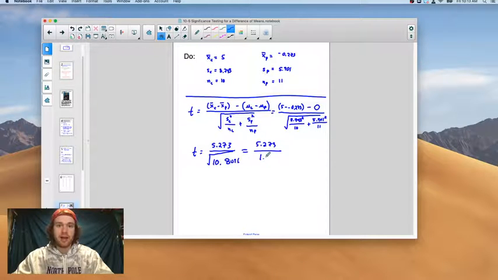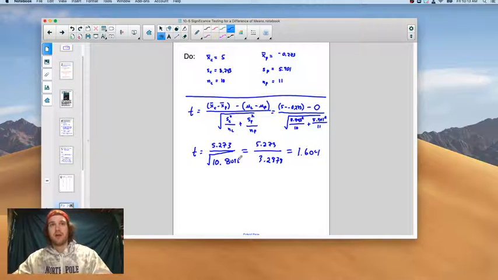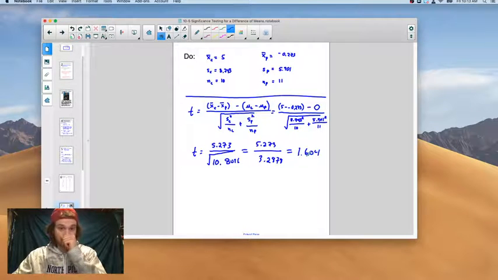And that is 3.2878. All right, so when we do this divided by that, we get a t-test statistic of 1.604.